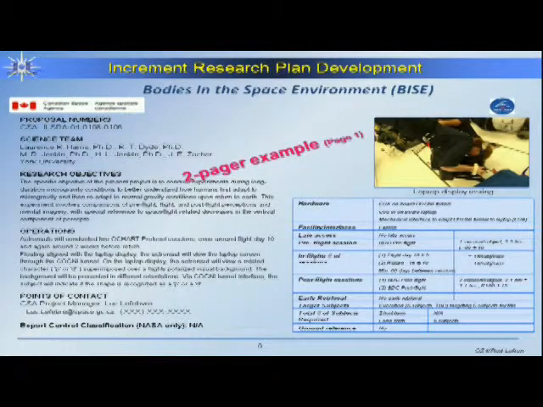Talked about the two-pager, and here's an example of what a two-pager looks like. In this case, it was for a Canadian experiment called BUSY, or Bodies in Space Environment. We look for things like proposal numbers, science teams, who the principals are, research objectives, and operations, in a summary one-page form here on page 1.